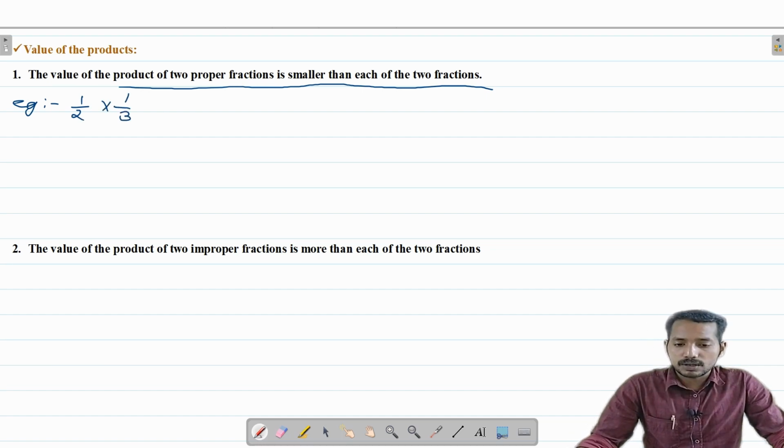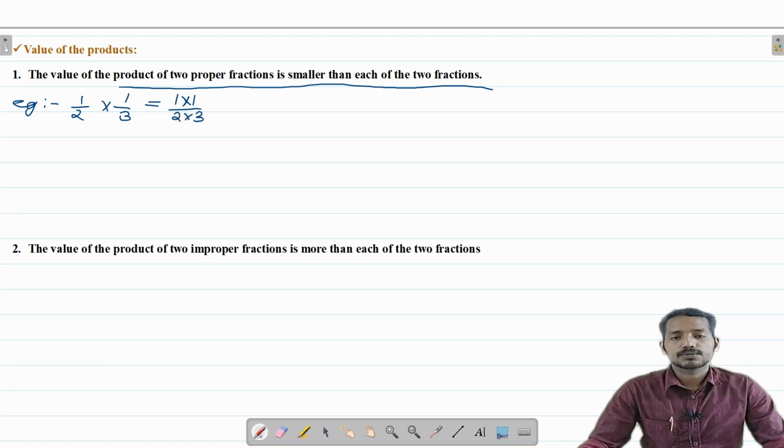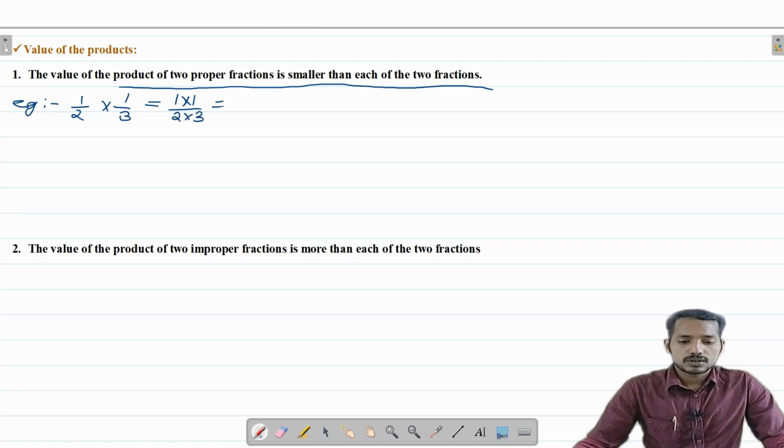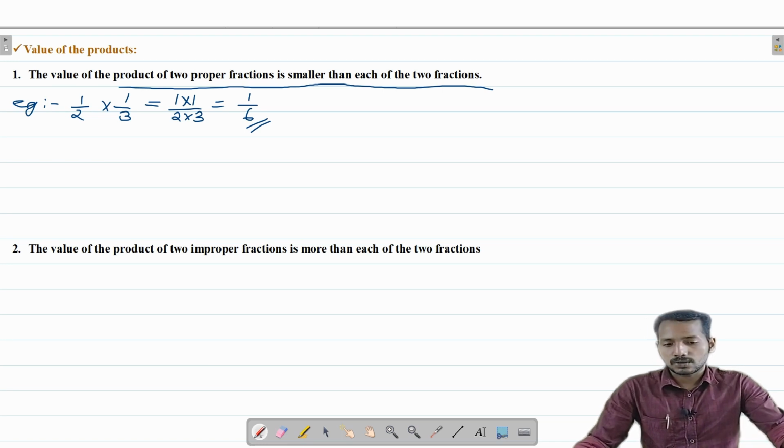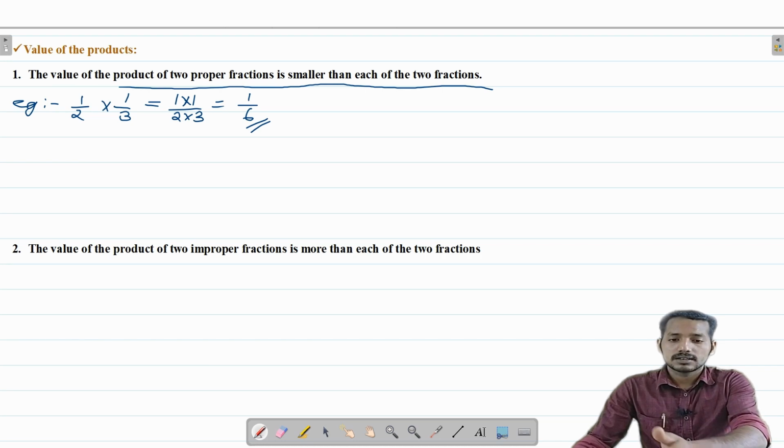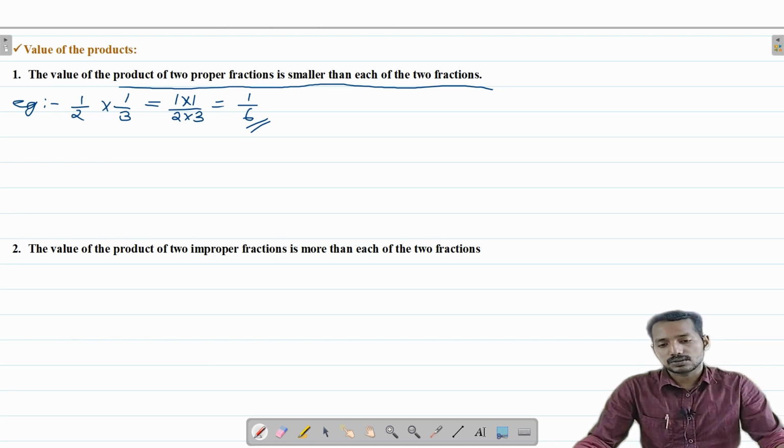When we multiply 1 by 2 and 1 by 3, we get 1 into 1 divided by 2 into 3. So 1 into 1 is equal to 1, divided by 2 into 3 is equal to 6. Clear? So this is the product we got. Now we need to check whether 1 by 6 is less than 1 by 2 and 1 by 3.